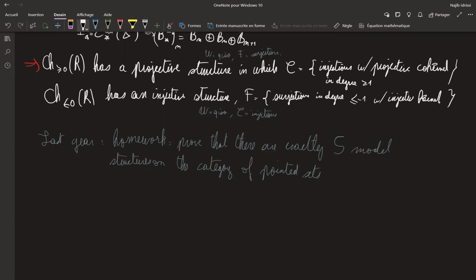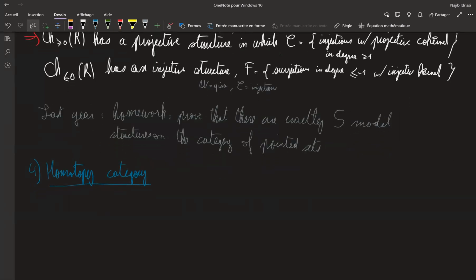No? All right, so what we are going to study, in the last 5 minutes and in much more detail on Monday, is the homotopy category, which is really one of the goals of model categories: to study this homotopy category.